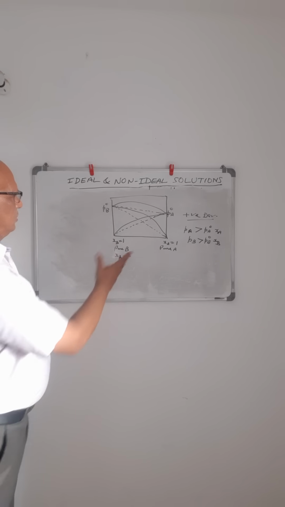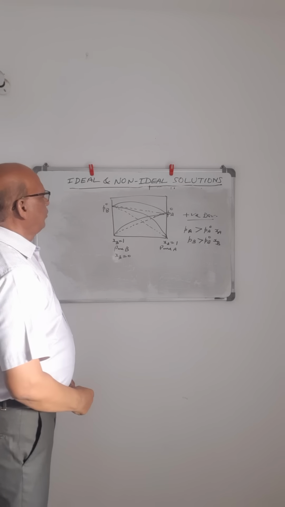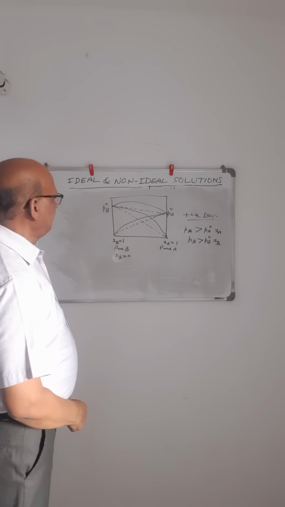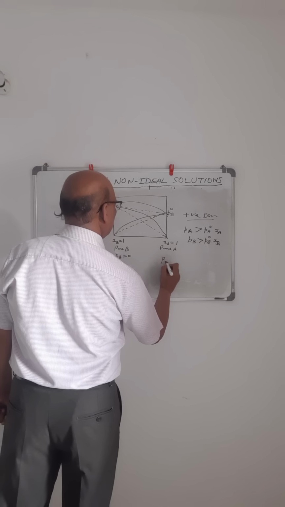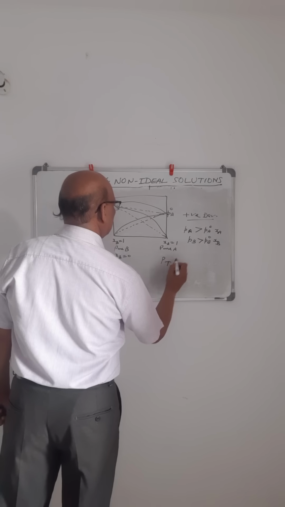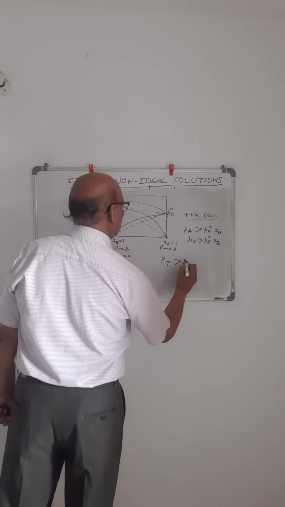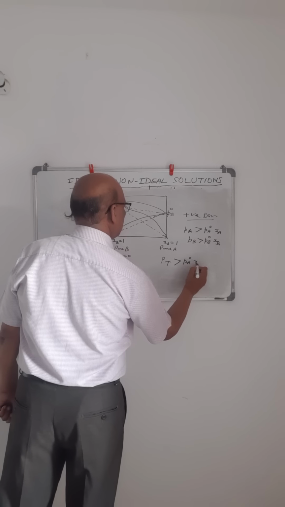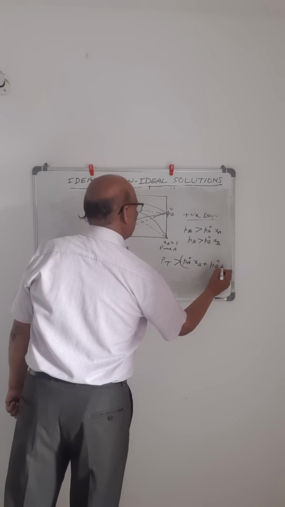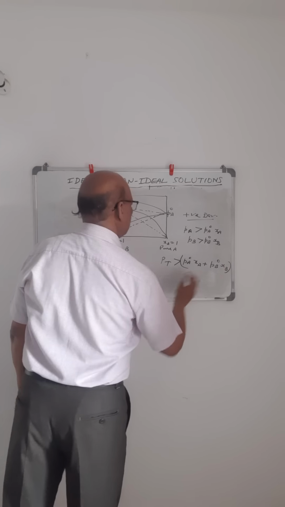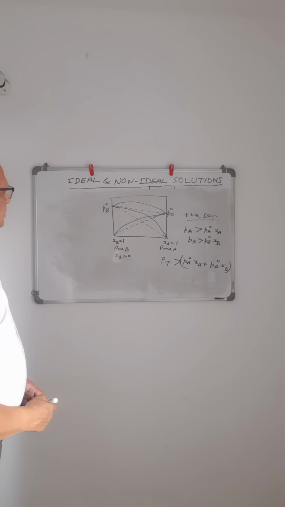So this is a non-ideal solution showing positive deviation from Raoult's law, and the observed total pressure will be found greater than PA naught XA plus PB naught XB.